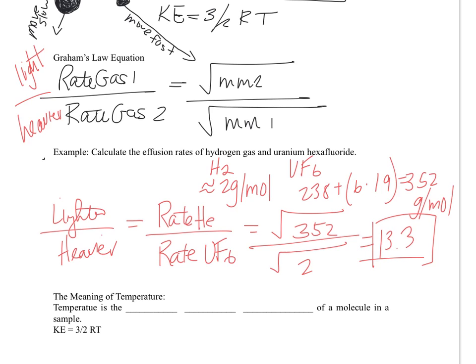It tells me that H2 travels 13.3 times faster than UF6. That's it. That's all it tells me. So that's what Graham's law is all about.